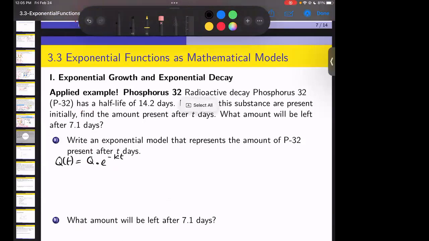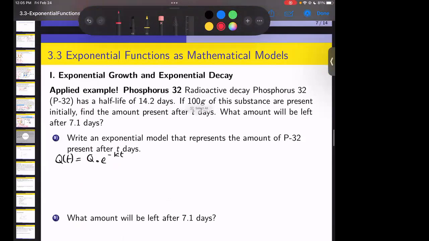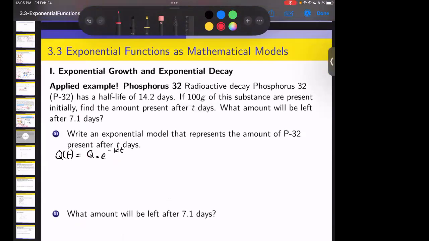We have the initial amount, right, which is 100. So my model is a function of t, a function of time. The initial amount is 100 grams. Then e to the negative... do we have K? No, we don't have K yet, right?